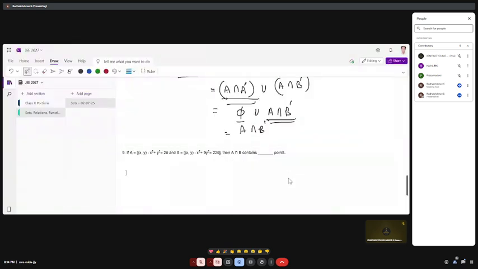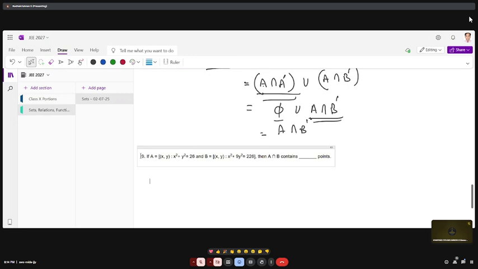Okay, I copied the problem to here. I hope it is readable, right?